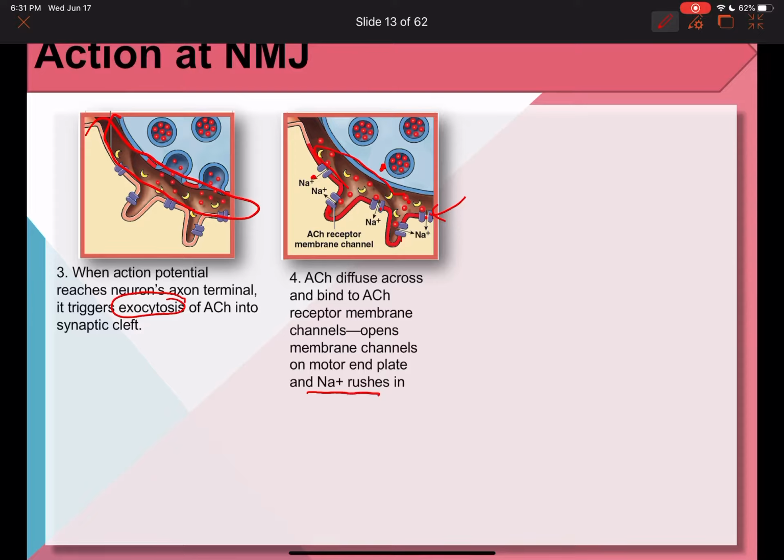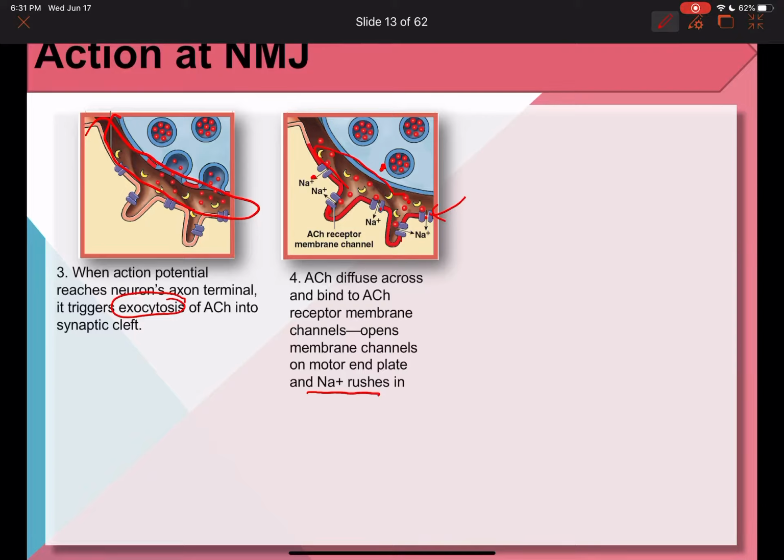And that's what's going to trigger the action potential on the muscle fiber side: acetylcholine attaching to the sodium ion channel. Sodium ion channels get activated, allowing a rush in of sodium ions, which then activates the action potential on the muscle fiber side. And then we will continue on with the journey, which we will talk about next, what happens after that.